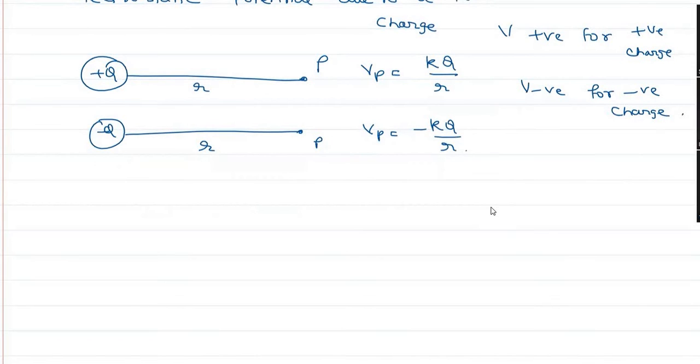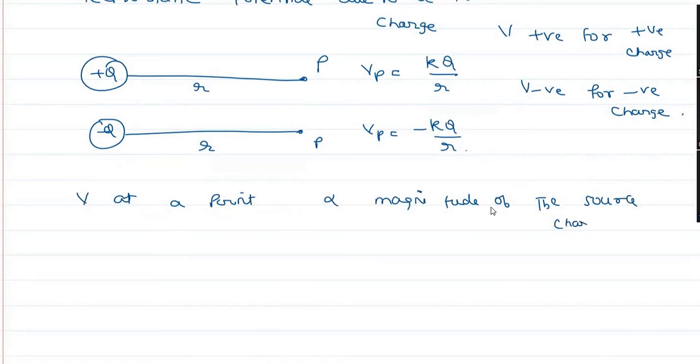So from this equation, what you can say is that potential at a point is directly proportional to the magnitude of the source charge. And what else does it depend on? It is inversely proportional to the distance.